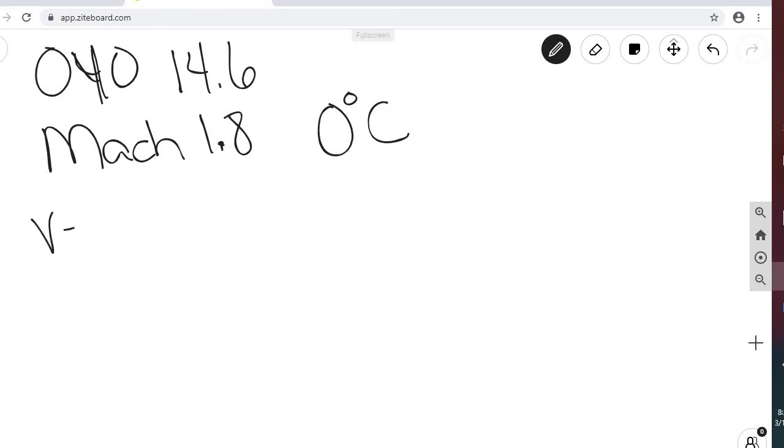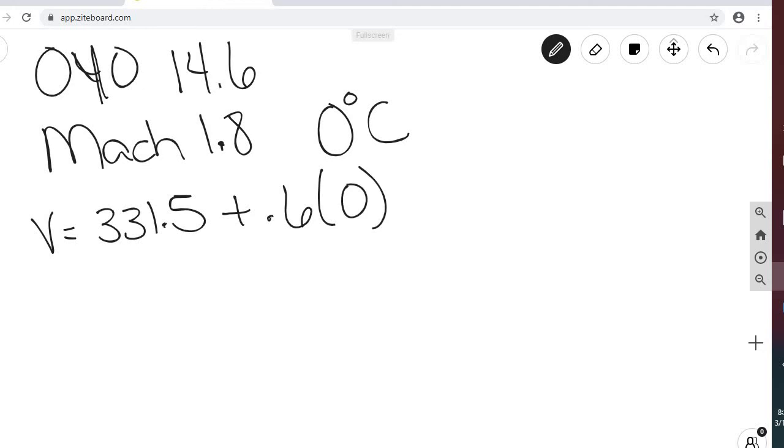So the speed of sound, our equation is 331.5 plus 0.6 times the temperature. In this case, the temperature is 0, so 0.6 times 0 is 0.